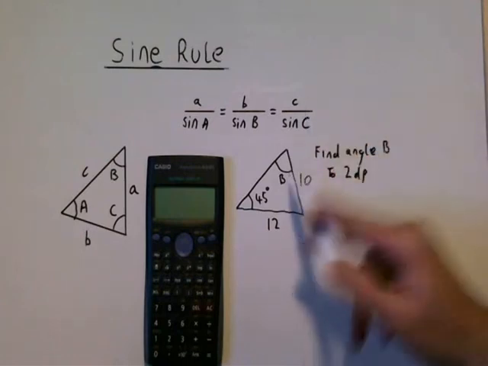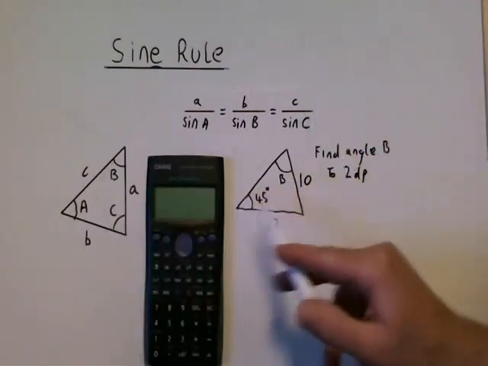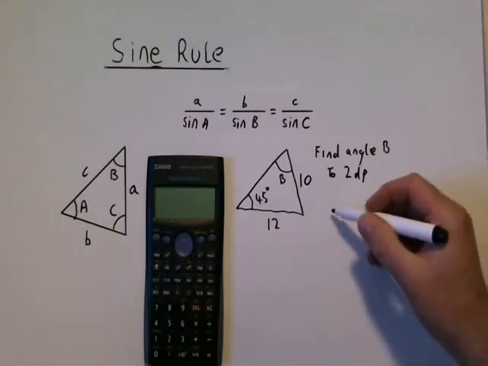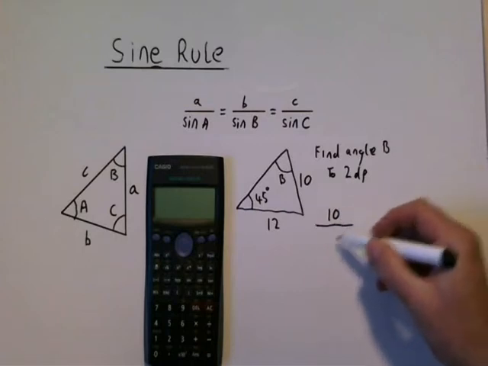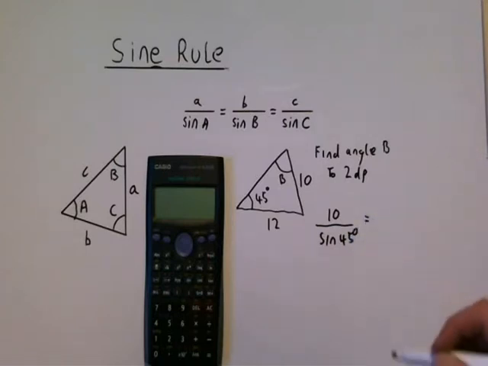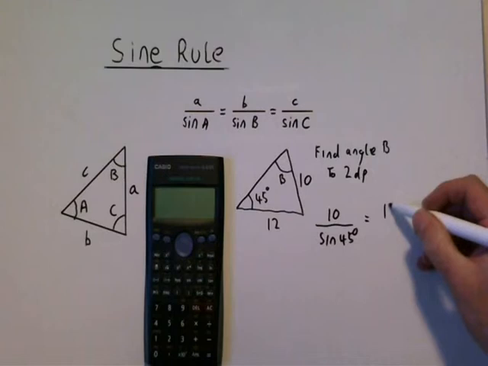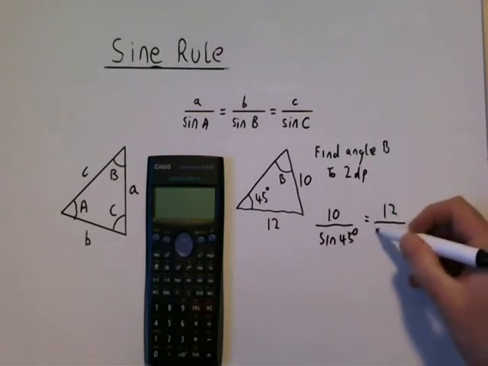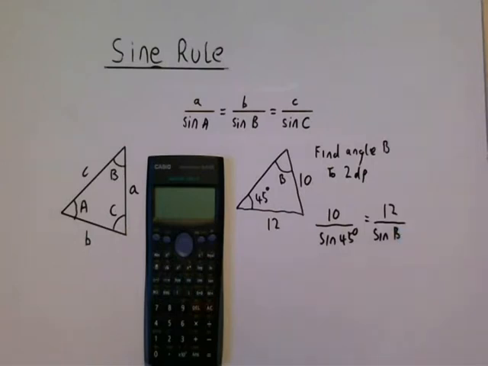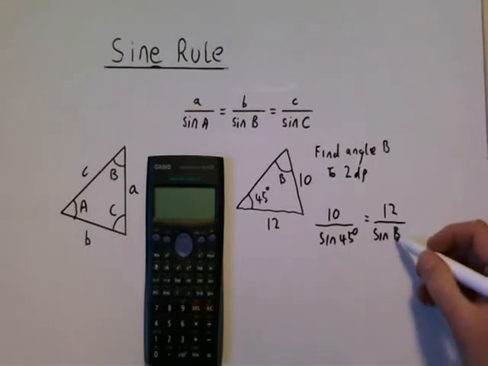And we need to find angle B. We've also got angle A. So we put in the bits we know. So that's going to be a over sine A, which is the 10, over the sine 45 degrees. And that equals 12 over the sine of B, which is the bit we want to find, or we want to find B really, but first we find sine B.